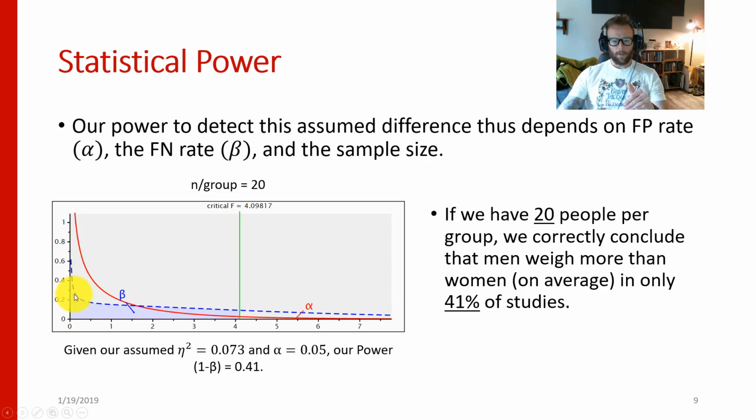Now, our alternative hypothesis of eta squared equal to 0.073, with 40 total people, or 20 per group, leads to an expected distribution of F values that looks like this.